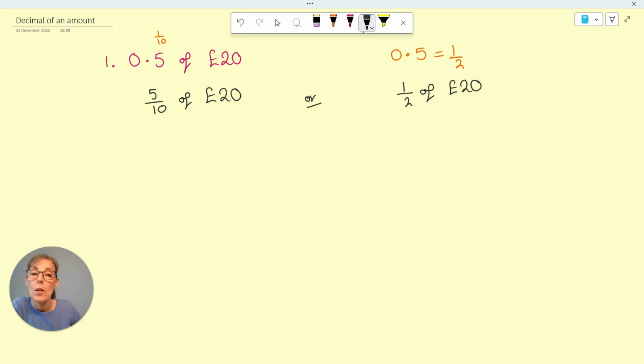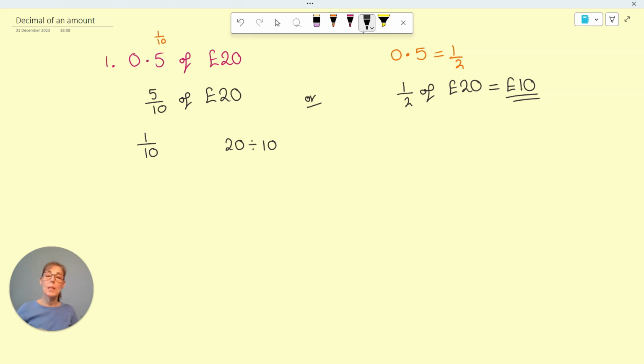Now, you probably know that half of £20 is £10, so that straight away feels quite comfortable. If we were to look at 5 tenths of £20, I want to find out what 1/10 is first. And 1/10 of £20 is going to be £20 divided by 10, because we're finding one part out of 10.